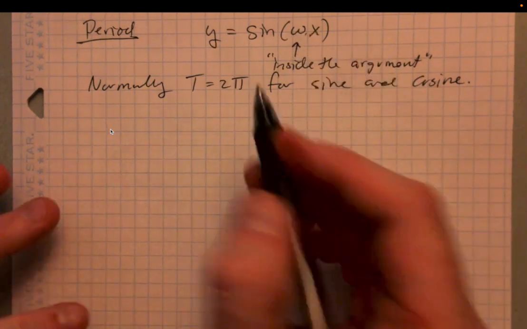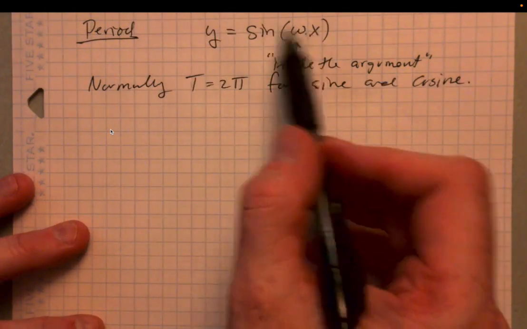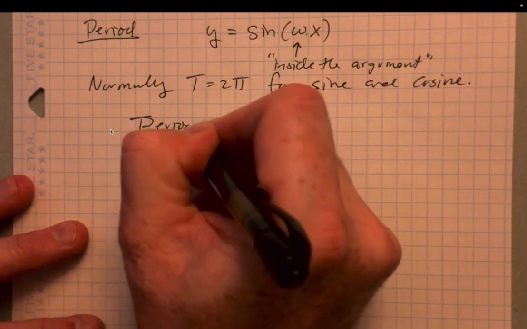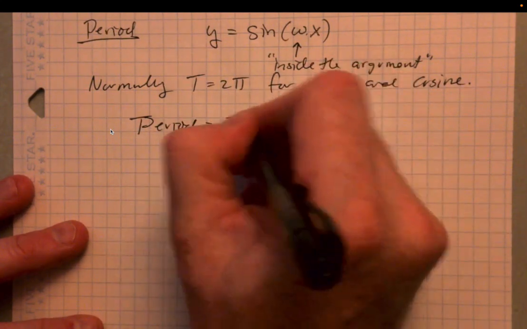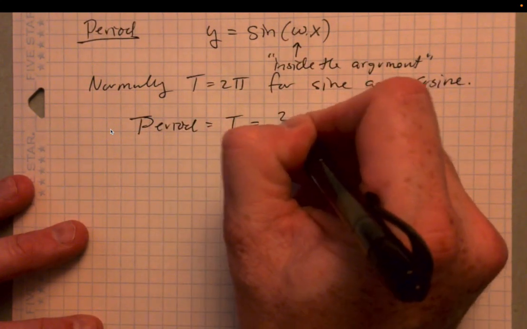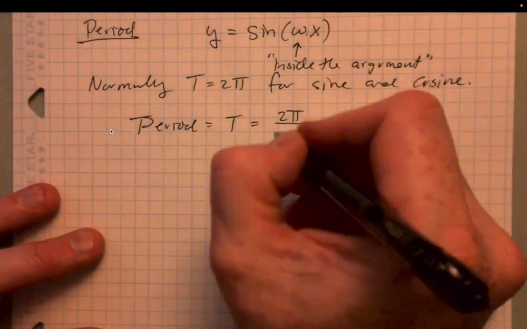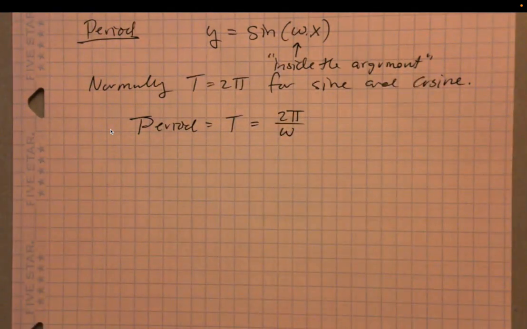In the case of something like this, the period T is going to be whatever the function's period normally is, in the case of sine and cosine, 2 pi, divided by whatever this factor omega is.